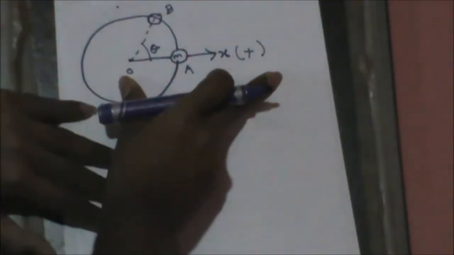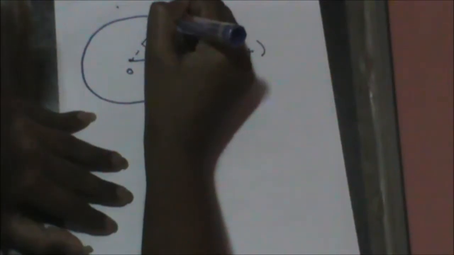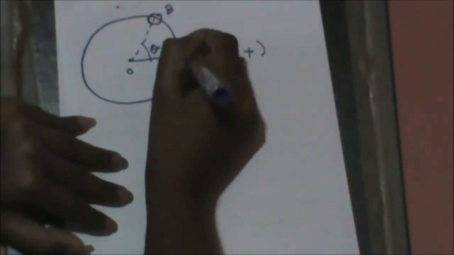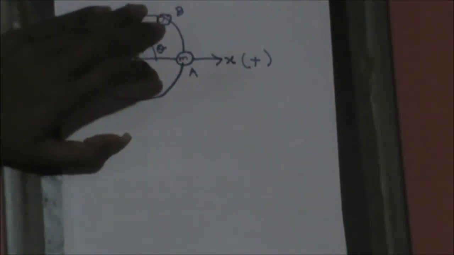This is the positive x-axis, and this is the position of the particle. We can neglect the translation of the object.